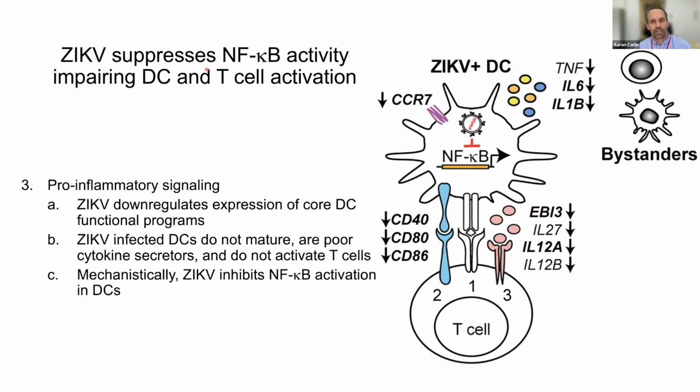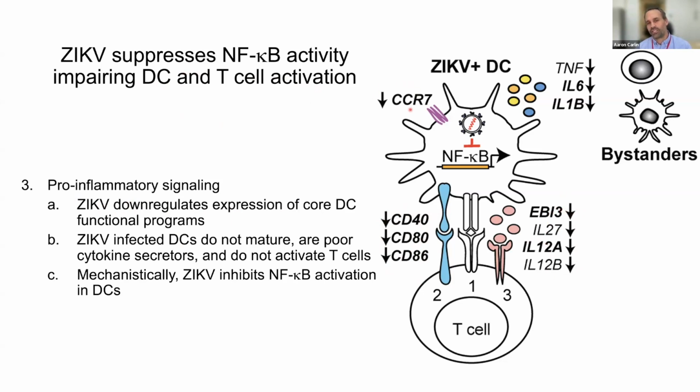And so the conclusions from this third part are that Zika virus suppresses NF-kappa B activity, and that impairs both DC and T cell activation. So Zika virus downregulates expression of core DC functional programs, and that includes downregulation of critical co-stimulatory molecules like CD40, CD80, CD86, critical cytokines for T cell production like IL-12, IL-27.